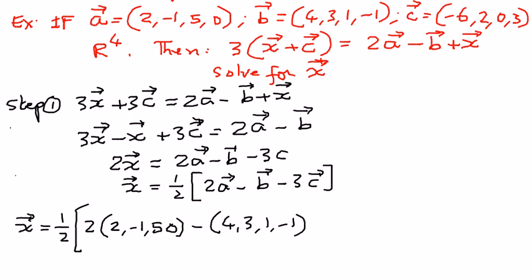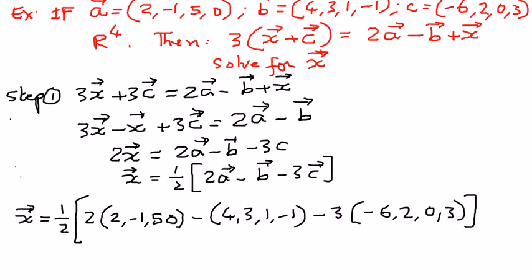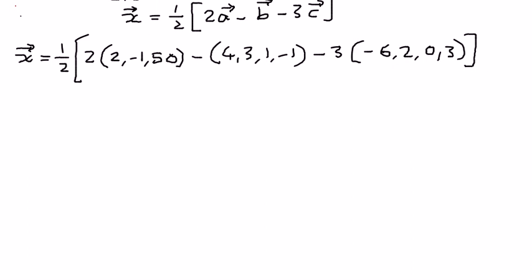These are the components of these vectors, minus 3 times vector c, which is -6, 2, 0, 3. We have substituted all the values. Now it is just a matter of simplifying them. Therefore, when we simplify, this is going to simplify as follows.